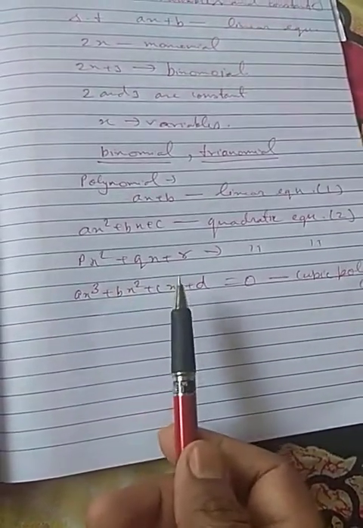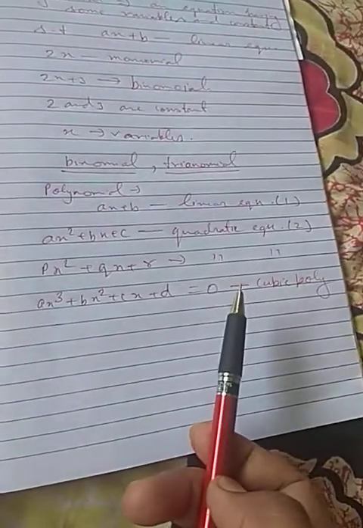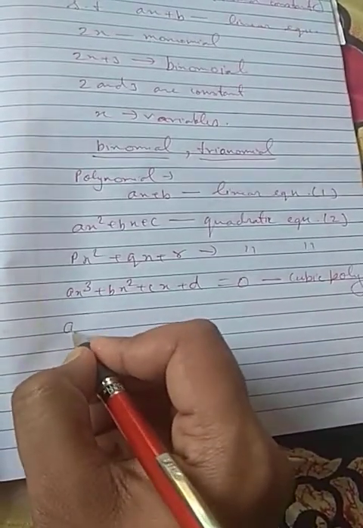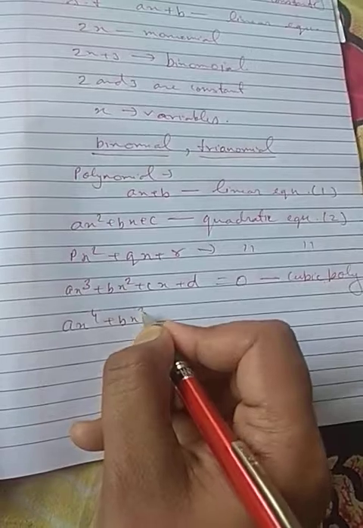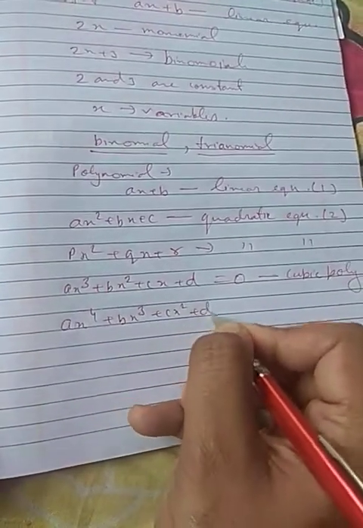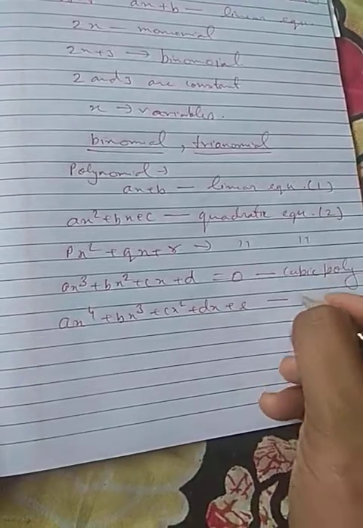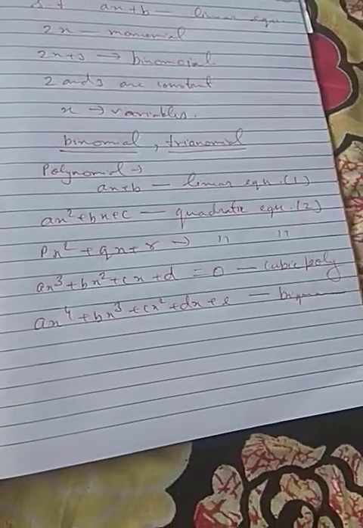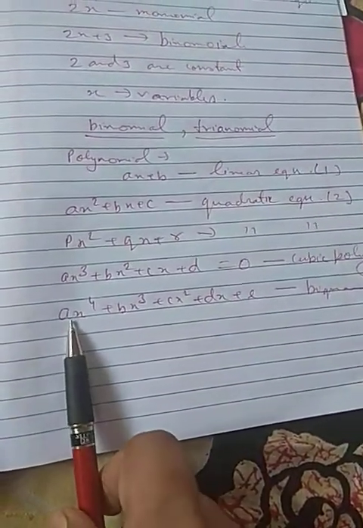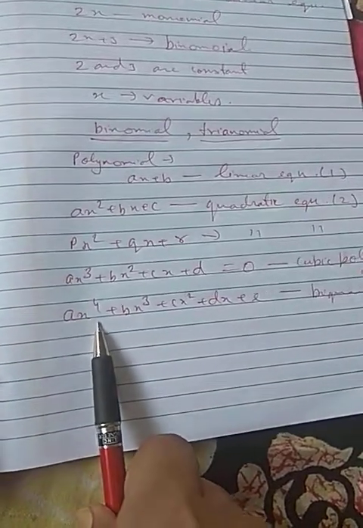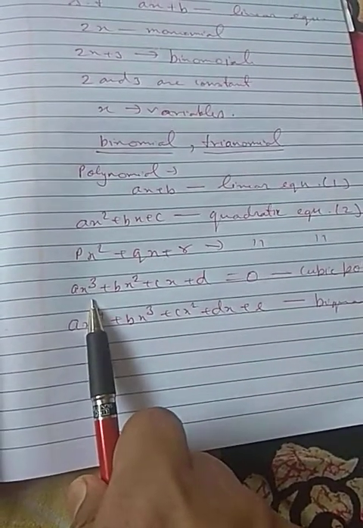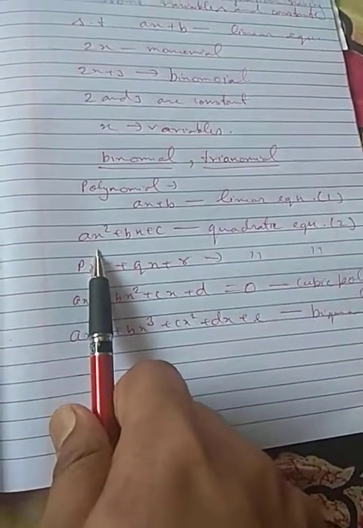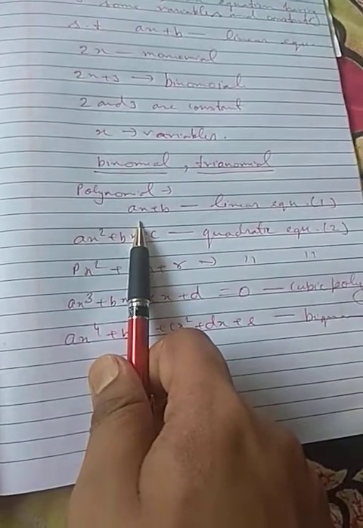And an equation ax power 4 plus bx cube plus cx square plus dx plus e is called a biquadratic polynomial because it has degree 4. Degree 3 is a cubic polynomial, degree 2 is a quadratic polynomial, and degree 1 is a linear equation.